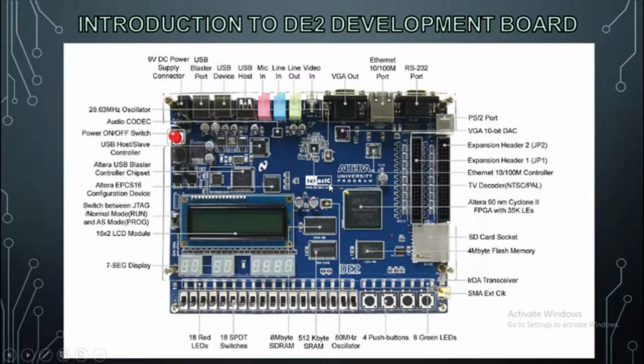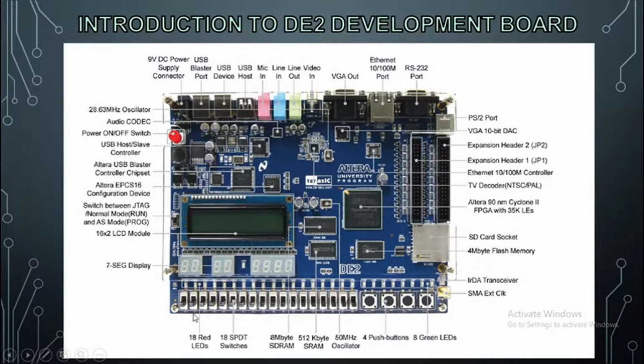This development board also has mic input, line input, and output for speakers. This is the video input, VGA input, also RS-232 and LAN, and it is powered by a 9-volt charger. It also has an LCD, a 16 by 2 LCD.